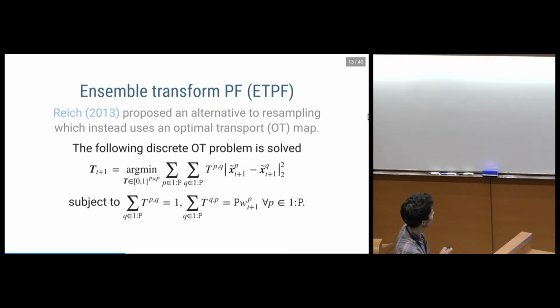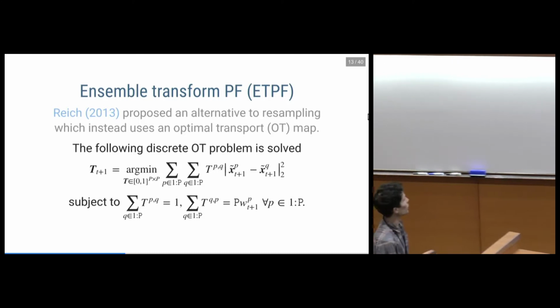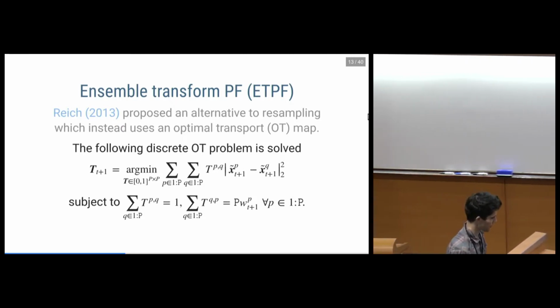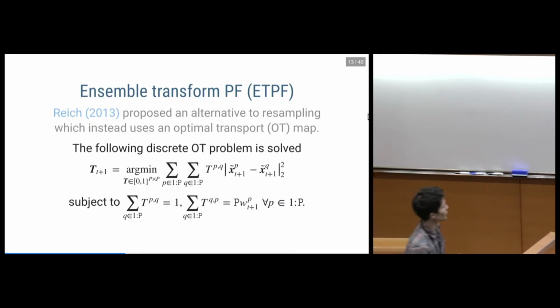This optimization is constrained by the requirement that we define a transport matrix which has the correct marginal distribution, such that once we map through this matrix, we end up transforming to a distribution with uniform weights, given we originally have these non-uniform weights.